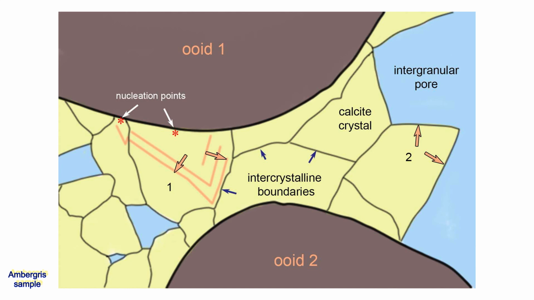As the crystals grew against one another, intercrystalline boundaries formed, but some crystals, for example crystal 2, project into pore space and are terminated by euhedral surfaces. These rhombic surfaces have a similar shape to the growth zones in the early part of crystal 1, suggesting all crystals had the same rhombic growth surfaces throughout their growth.